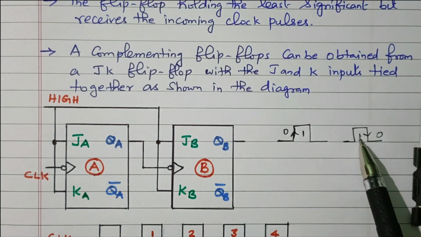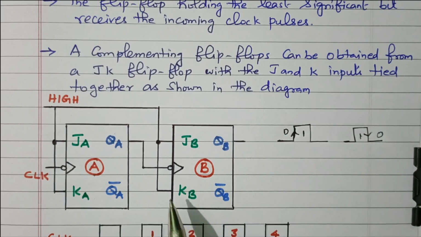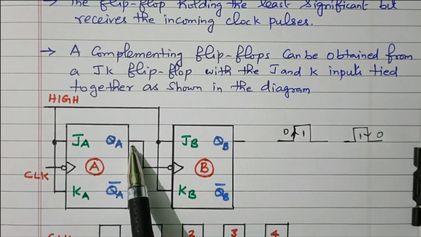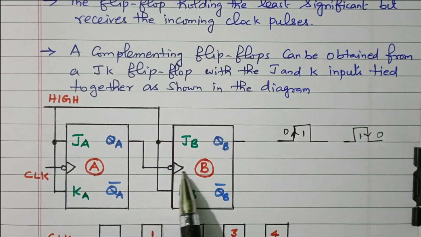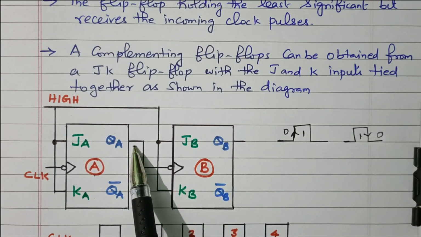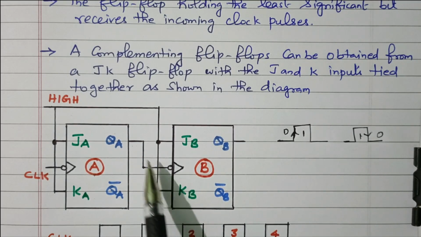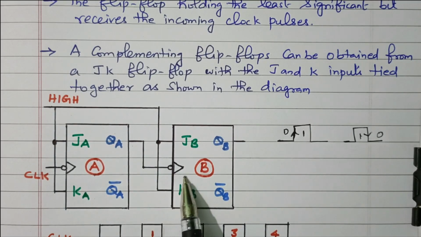So when it changes from 1 to 0, the falling edge, the negative edge, during the negative edge the state will change. So if it is 1 here, then 0 will be applied, so no change. No clock pulse is applied. Suppose QA is 0, here after inversion 1 is applied. So every 0, the clock pulse is applied.